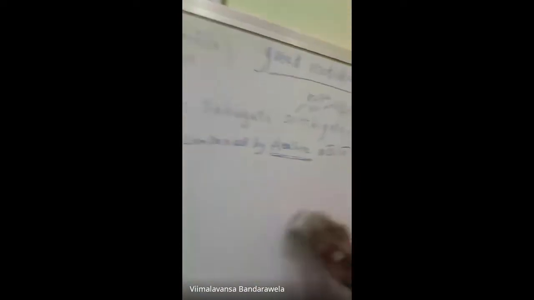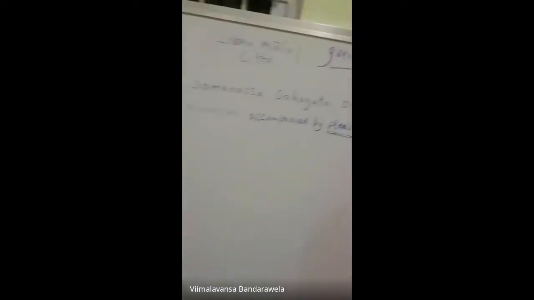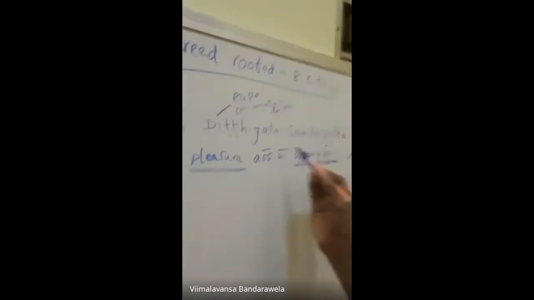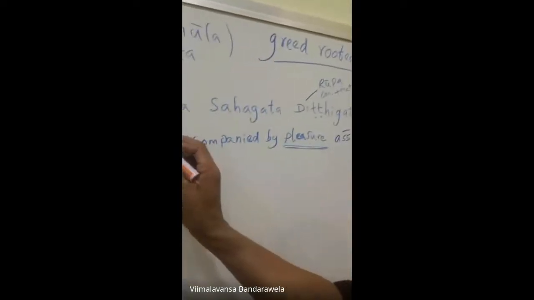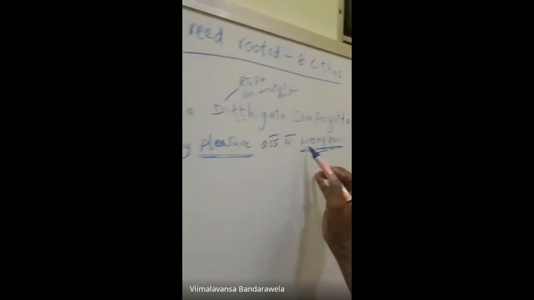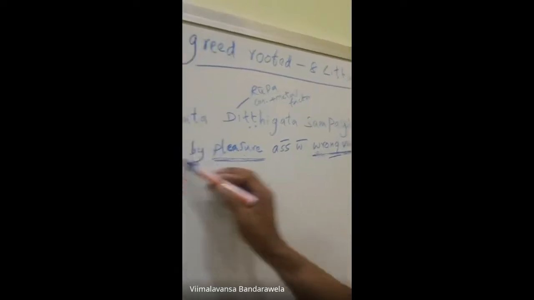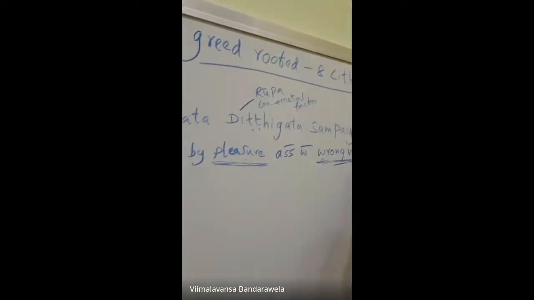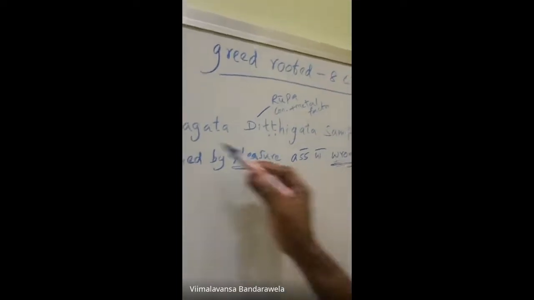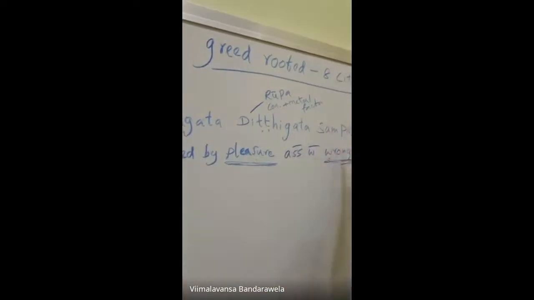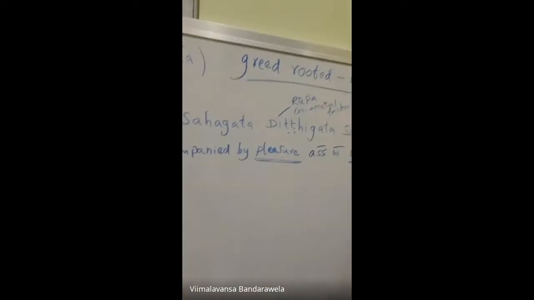Then we go to the second consciousness. Here you can say Somanasa Sahagata, meaning accompanied by pleasure, associated with wrong view and unprompted. This is the Somanasa Sahagata, Ditthigata Sampayutta, Asankarika Chitta.